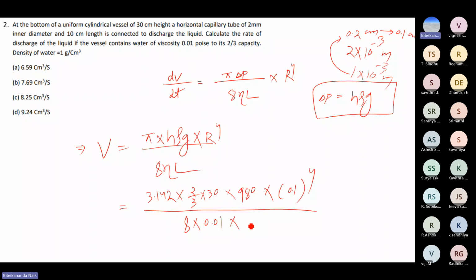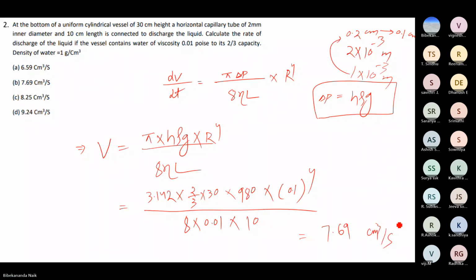Then 8 into 0.01 into length, which is 10 centimeters. So if you calculate all these, it will come around 7.69 centimeter cube per second.